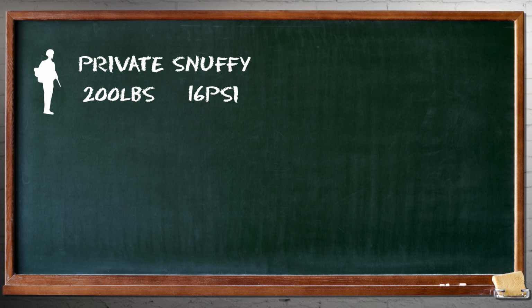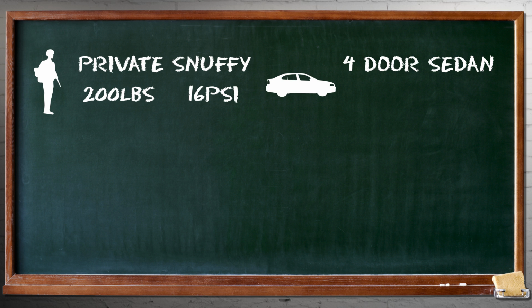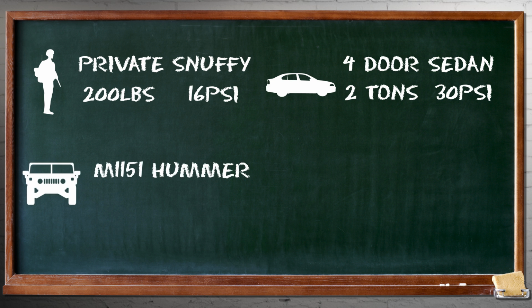Top right corner, I'll put the weights for a Crown Vic, it's the Lincoln version, whatever, town car. 2 tons, 30 psi. And as a general rule, the ground pressure of a vehicle is going to be equivalent to the pressure in the tire, just if you're curious. Bottom left, you got a heavy Hummer, an M1151. Now this thing comes in at about 6 tons spread onto the 4 wheels, and the pressure is now 40 psi.